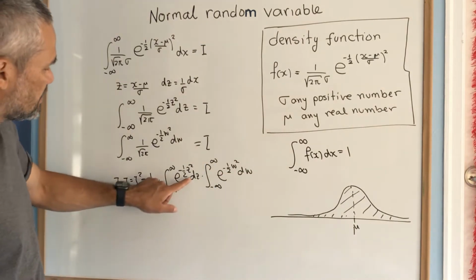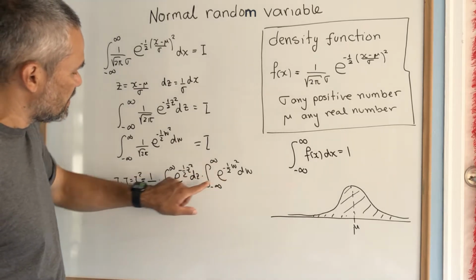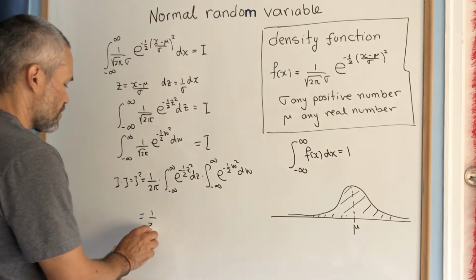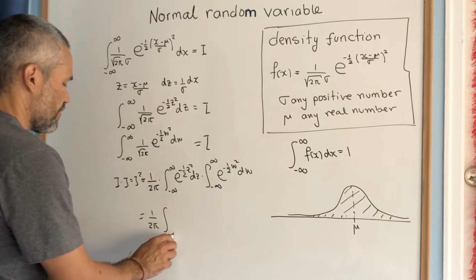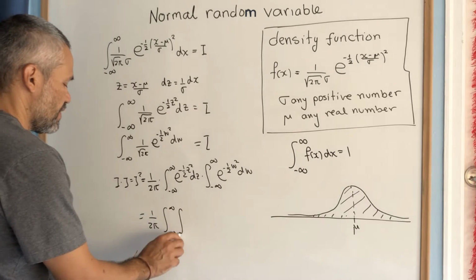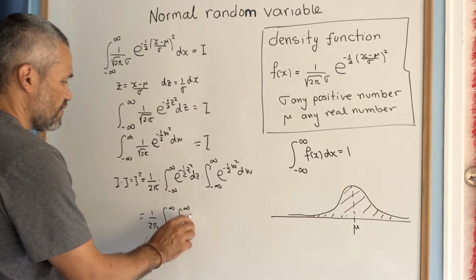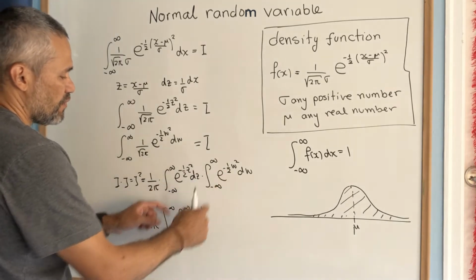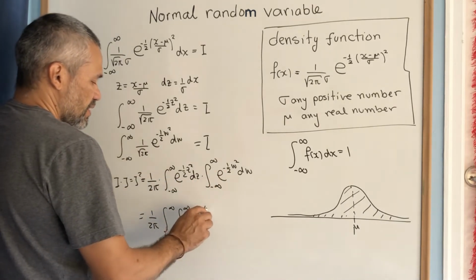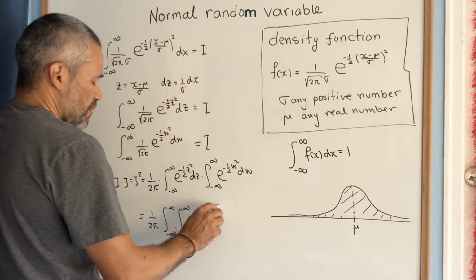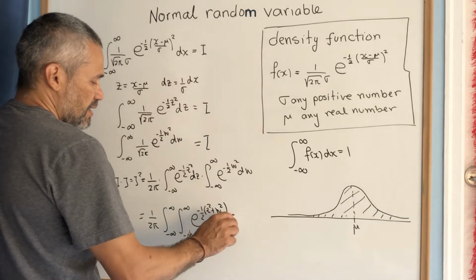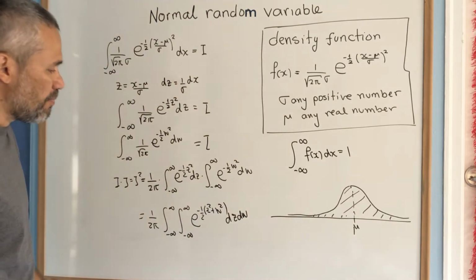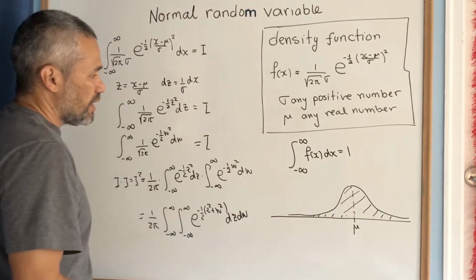Since this integrand is independent of c, this is 1 over 2 pi, the double integral from negative infinity to infinity of e to the negative 1/2 times... and when we multiply these two functions, we can add the exponents. We get c squared plus w squared, dc dw.